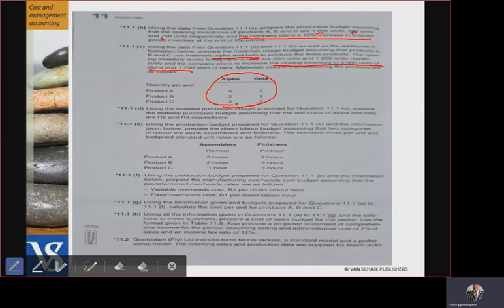The standard times per unit and budgeted standard unit rate are as follows. The assemblers and finishers are at R6 per hour. So again, you've got product A and its hours, product B its hours, and C respectively. So that's the information that is given for us.